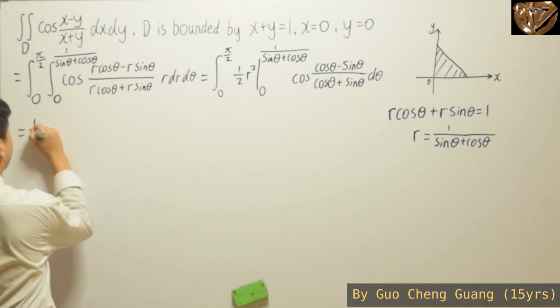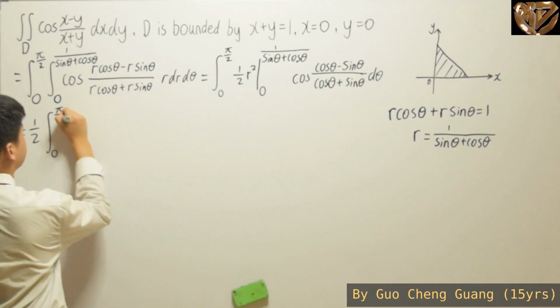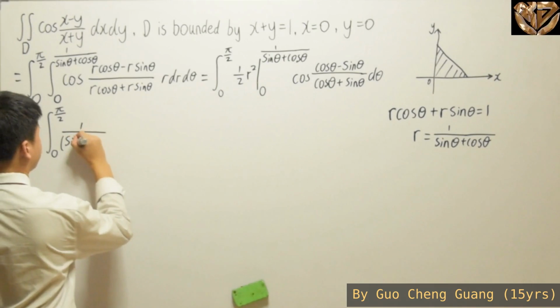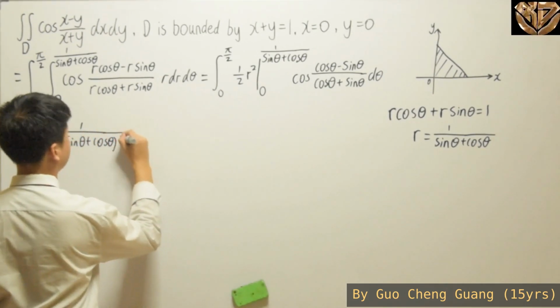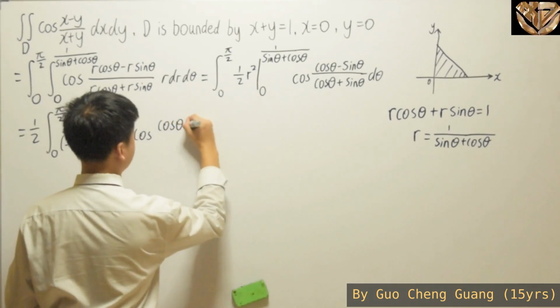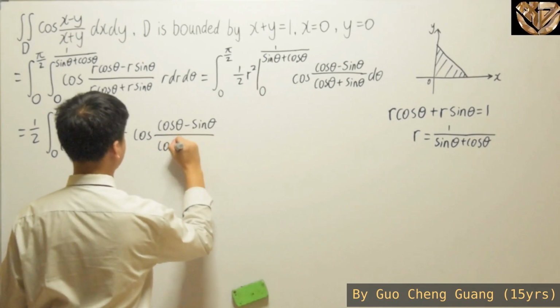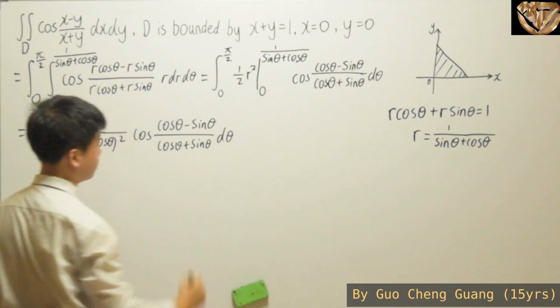We can bring the half out and then integrate from 0 to half pi: 1 over (sine theta plus cosine theta) squared, times (cosine theta minus sine theta) over (cosine theta plus sine theta) d theta.